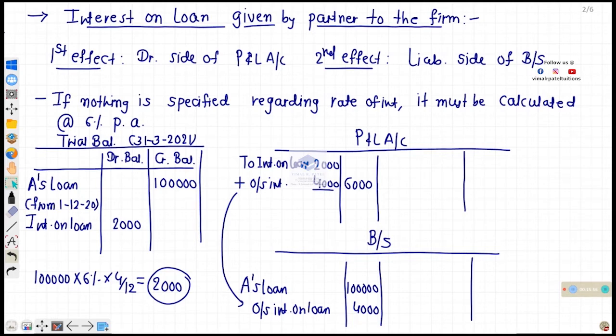If instead of 2000, it is given say 500, then on debit side of P&L account you have to write interest on loan 500 plus outstanding 1500 because total interest payable is 2000. So outstanding amount will be 1500, and second effect of outstanding interest on loan will be 1500 on the liability side of balance sheet.